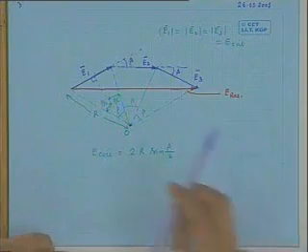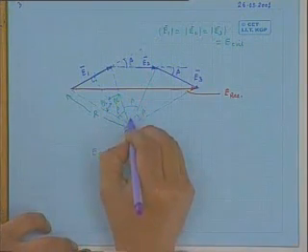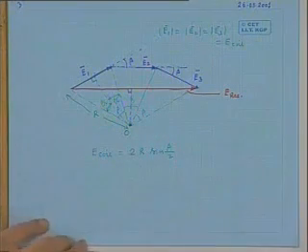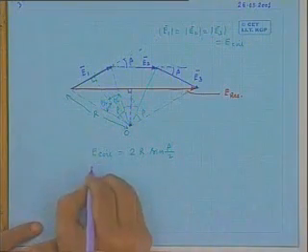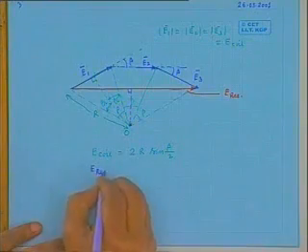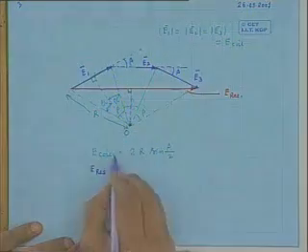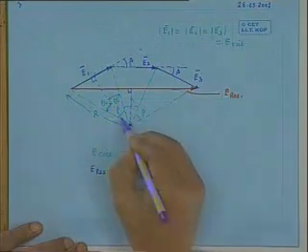Similarly, you drop a perpendicular on this red line from this center. The magnitude of the resultant voltage, E resultant, will be how much?